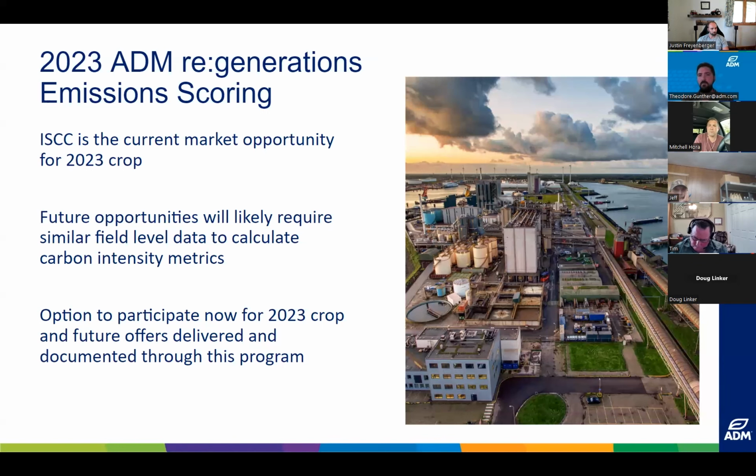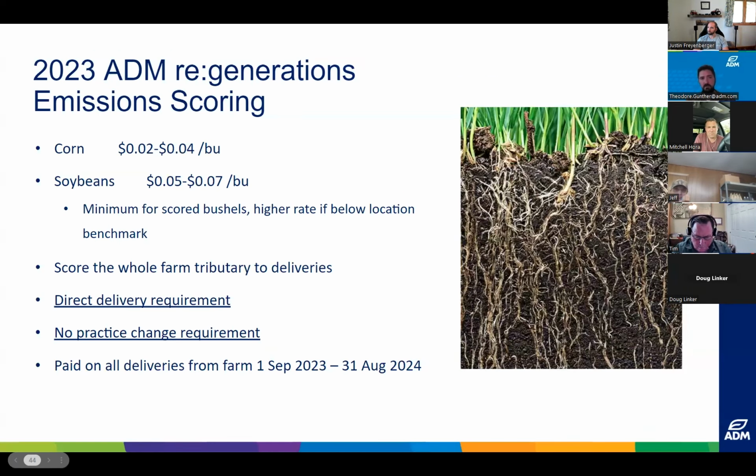So we'll have those internal checks and they'll be built into participation in the program. But overall, our goal is to make it easy for farmers to opt in, recognizing that these incentives aren't big enough to have a giant hassle factor attached to them. And we want to make it straightforward and transparent how people can participate and how they can get access to these incentives. So on the next slide, I'll get into some more details there.